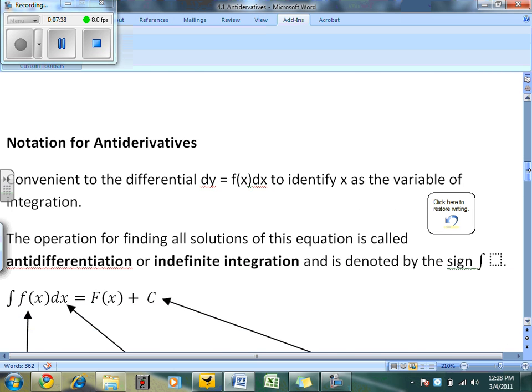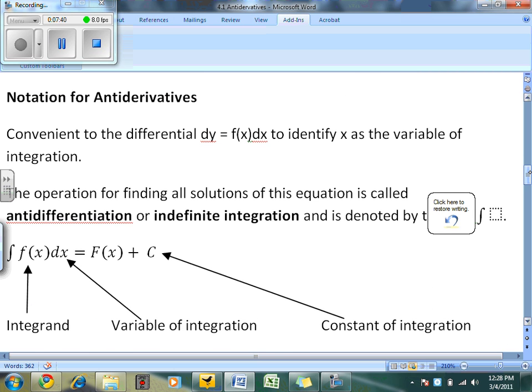All right. And a notation for antiderivatives is convenient. When we take the derivative of something, it was convenient for us to have a dx at the end, so we knew what we took the derivative of. So if we took the derivative with respect to x, it was convenient for us to write differentials with a dx at the end, if you remember that, because we knew it was the derivative with respect to x.